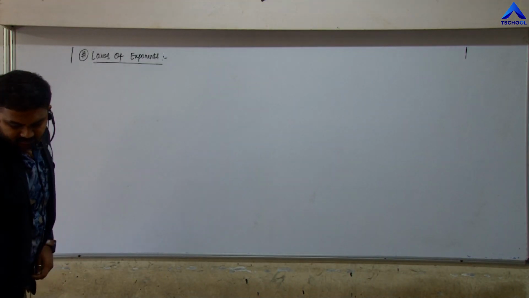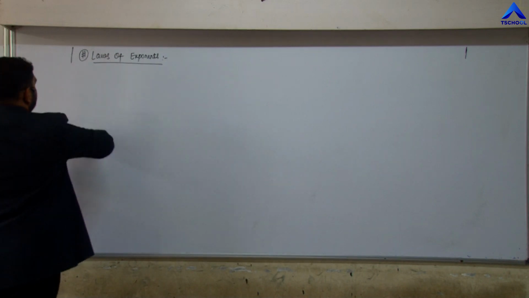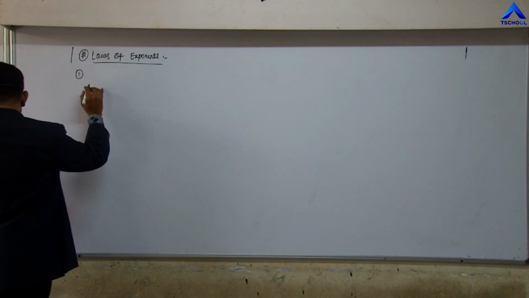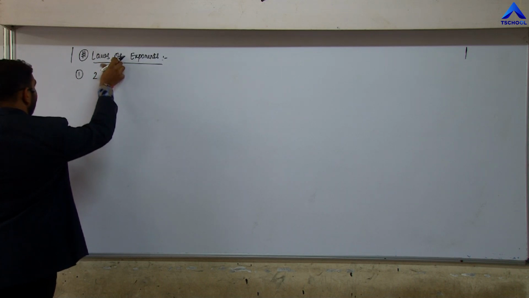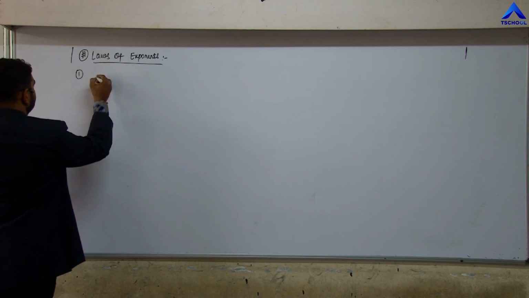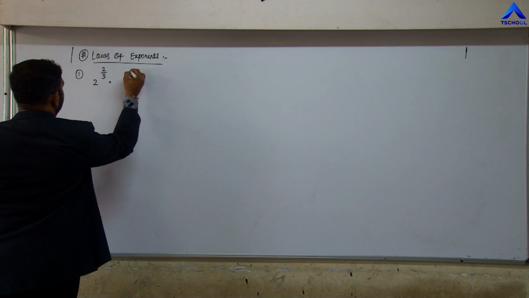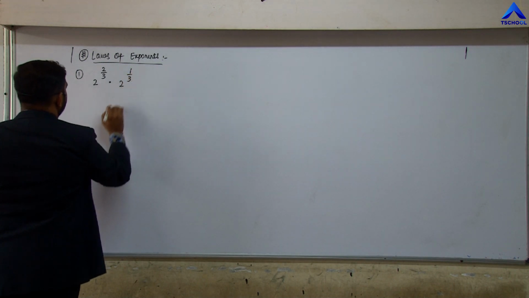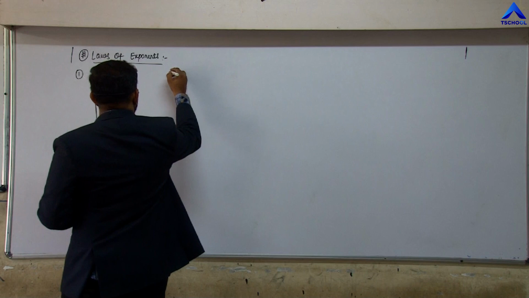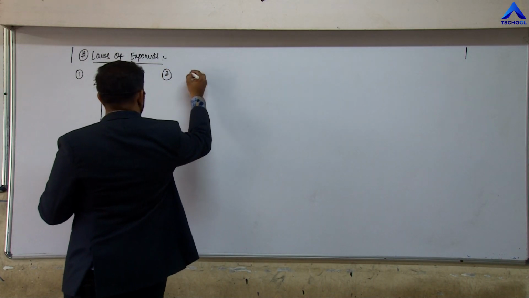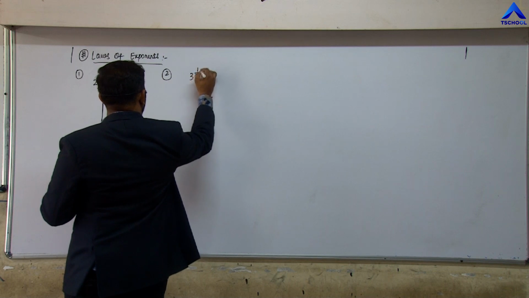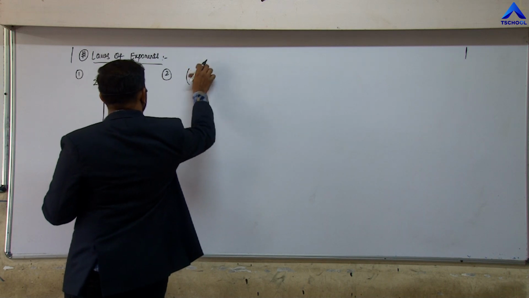Now, I have some sums related to these laws of exponents here with me. The first one: 2 raised to 2 by 3 multiplied by 2 raised to 1 by 3. The second one I have is 3 raised to 1 by 5 whole raised to 4.